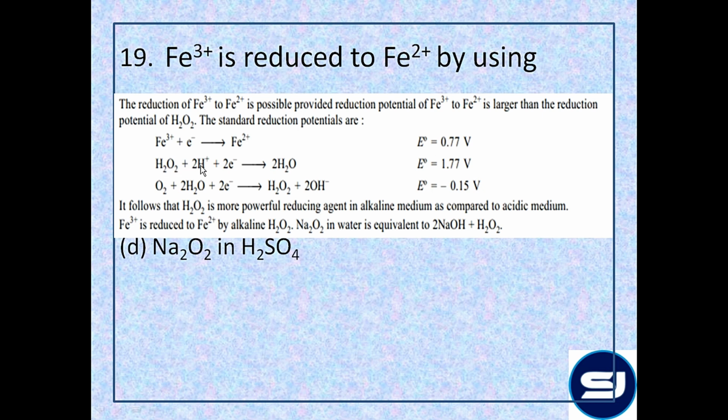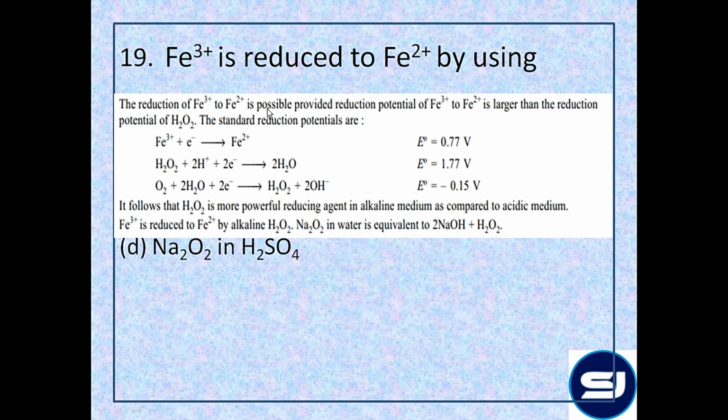Peroxide in acidic medium has SRP of 1.77 volts and O2 in aqueous medium reduces to peroxide and 2OH minus, meaning the alkaline medium has SRP of minus 0.15 volt.